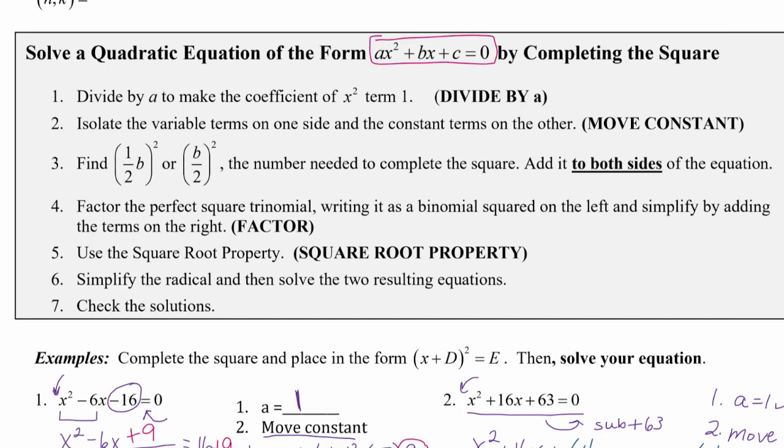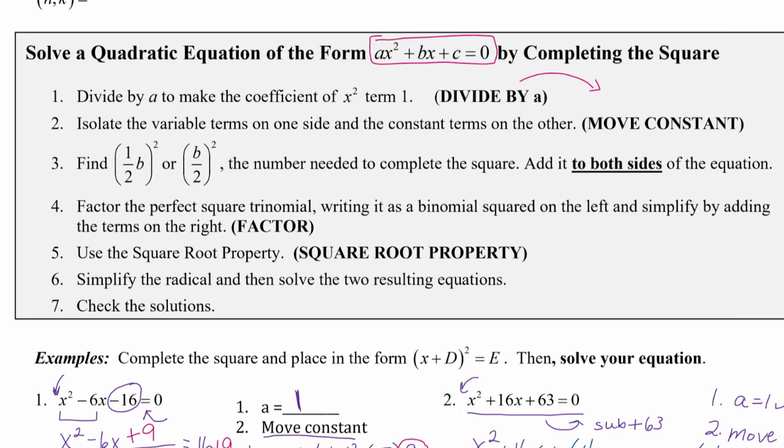We haven't had an example yet where our a hasn't started out as 1, but we will. So the first step is always to check your a. Second step is to move the constant. Get those two terms on one side of the equation and the constant to the right side.